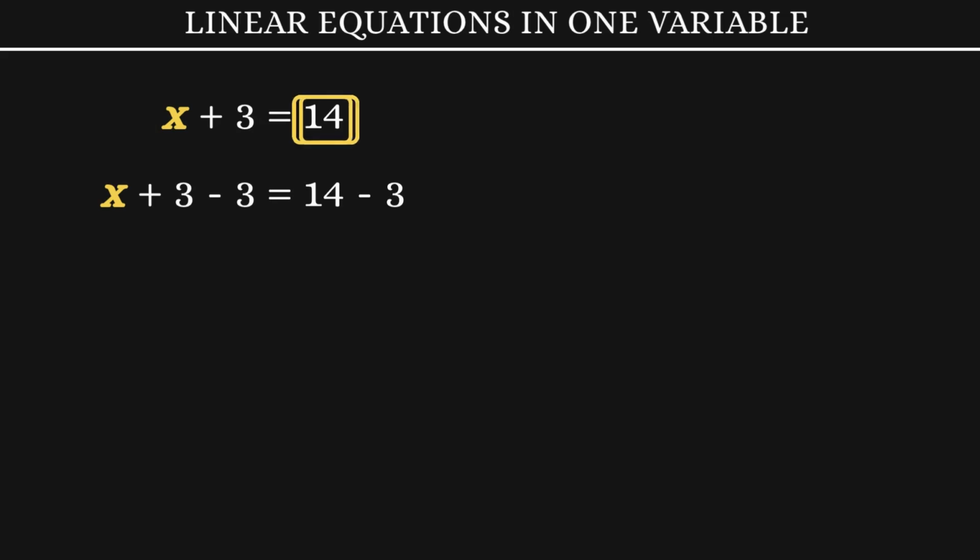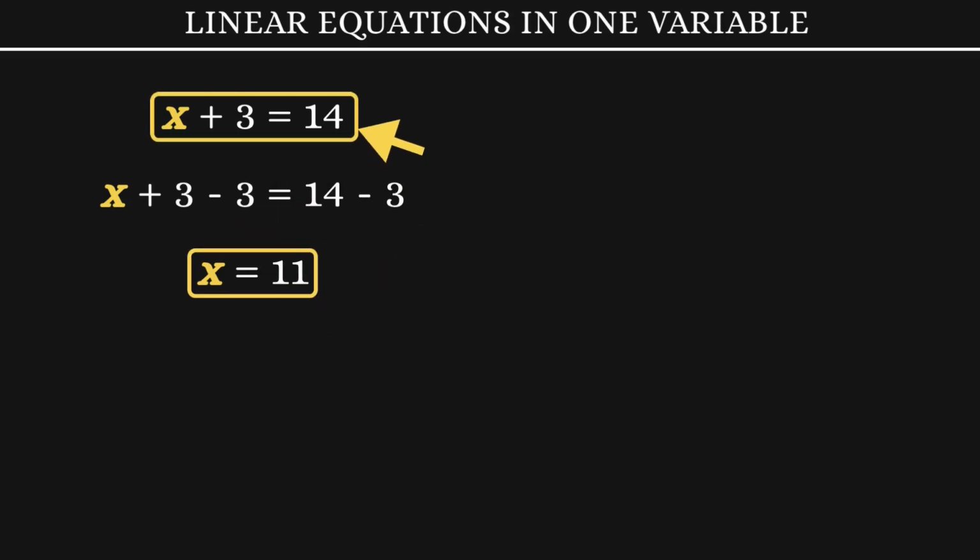Now why did we choose to subtract 3? Because this plus 3 and minus 3 will result in 0, and on the left side you will be left with only x, and on the right side we have 14 minus 3, which is 11. Now x is equal to 11 is the solution of this equation.